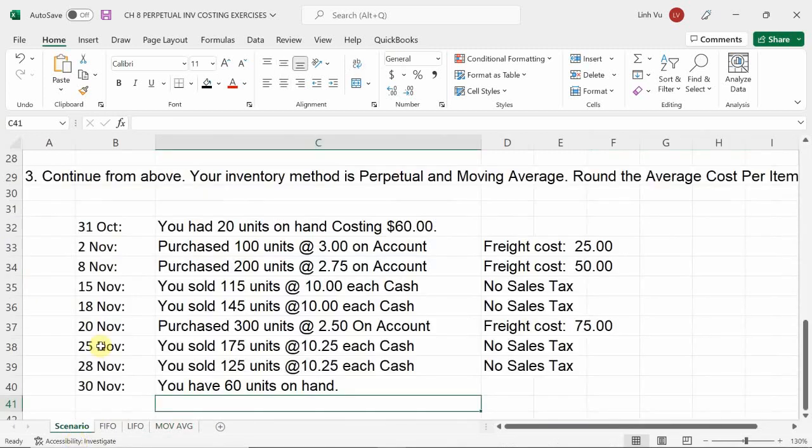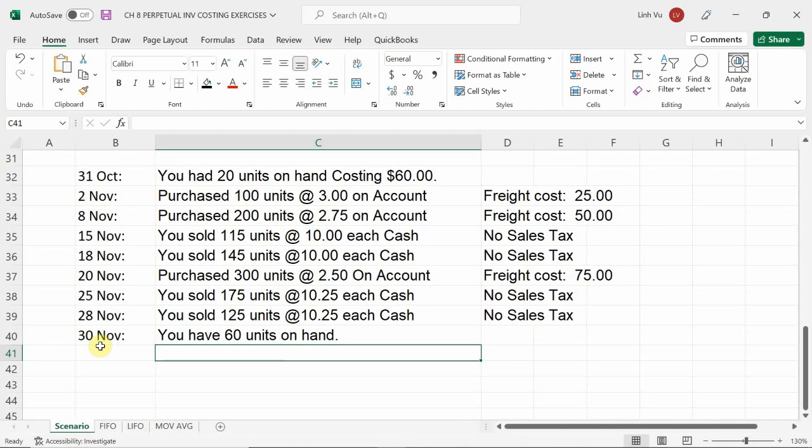Okay. So then on November 15th, I end up selling 115 units.